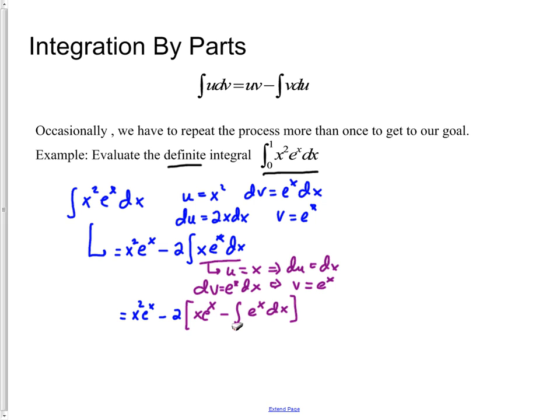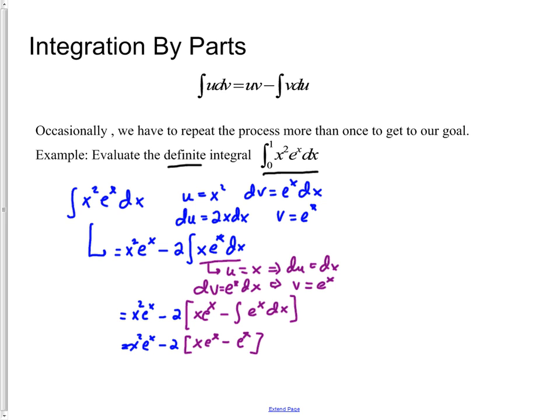And now we don't need to do another integration by parts because now we're going to end up with this brand new expression. So we're going to get x squared e to the x minus 2 times the quantity x times e to the x minus e to the x, and we would say plus c normally, right?